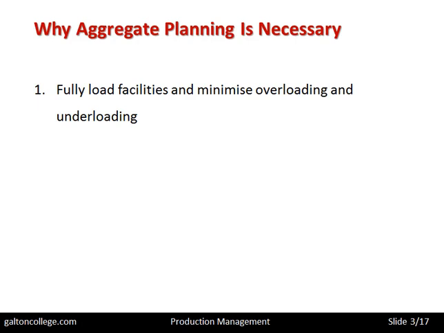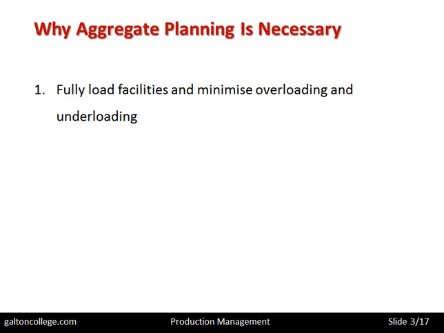First of all, fully load facilities and minimize overloading and underloading. So that statement has really three parts to it. One, to fully load facilities, in other words, to optimize the usage of facilities, be it machinery, floor space, whatever it is. They should be fully loaded and working optimally.